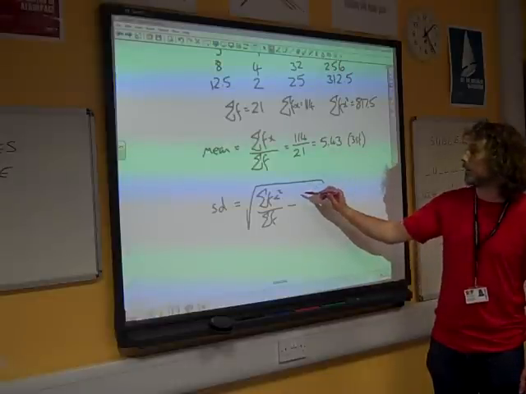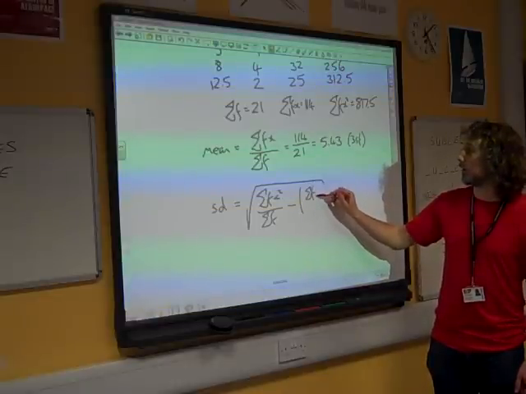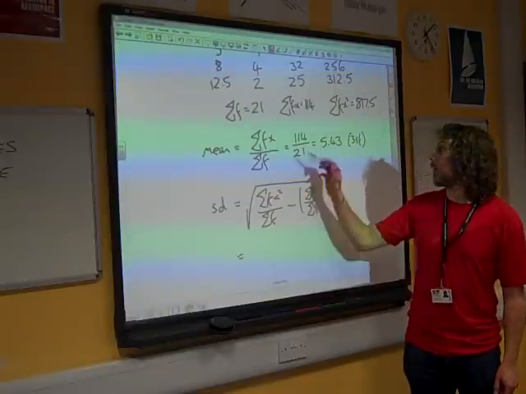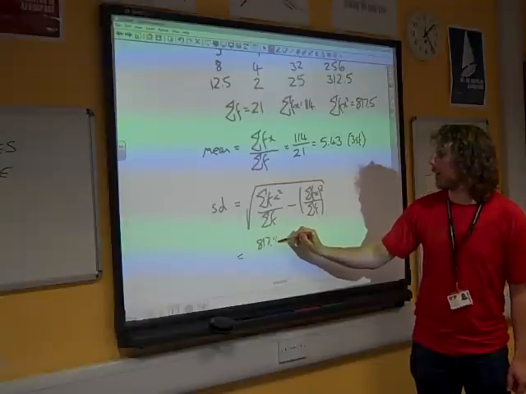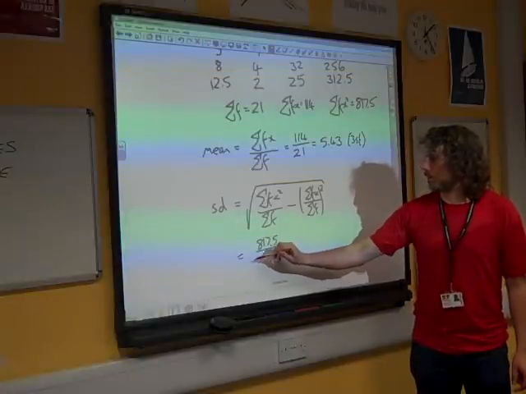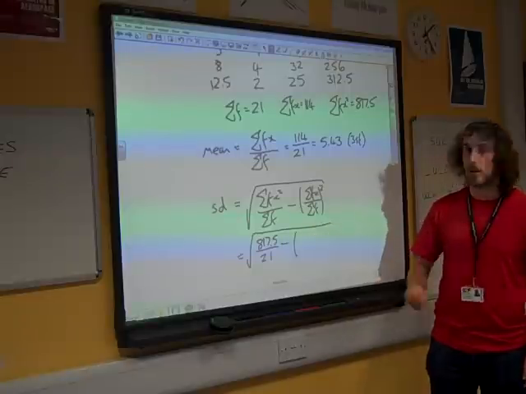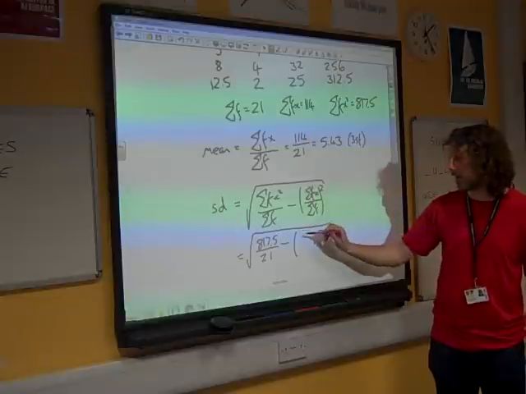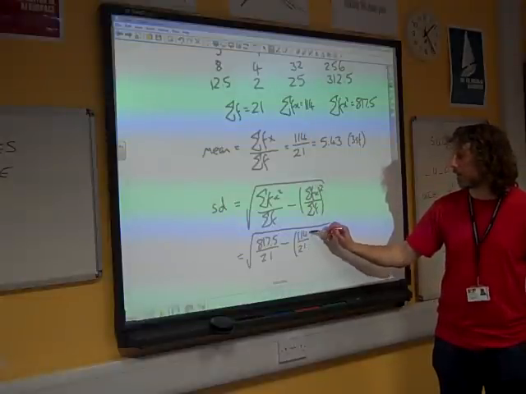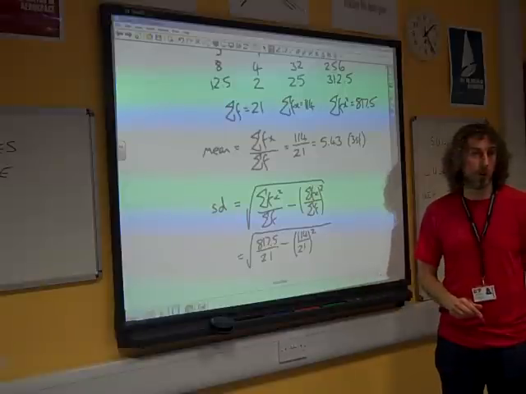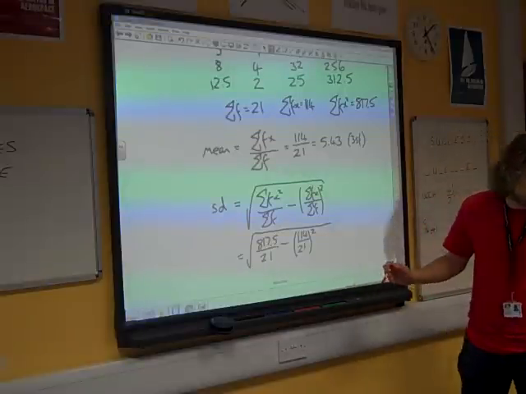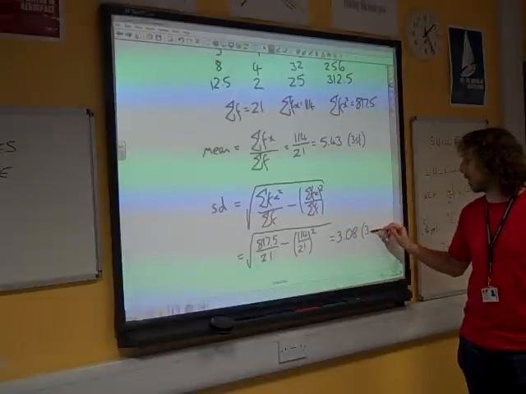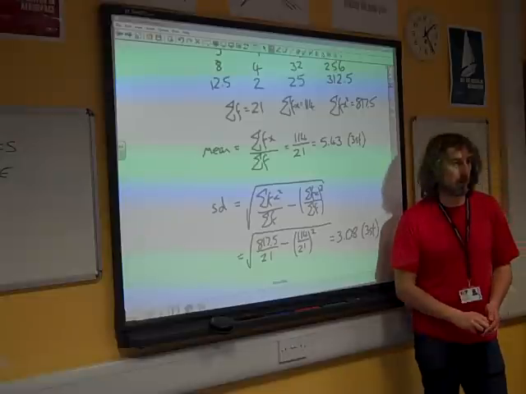So we're doing 817.5 over 21 minus, and just to make sure that we don't get any rounding errors, let's not use the one that we rounded to three significant figures, but use the full version of it. And that gives us 3.08, to three significant figures.